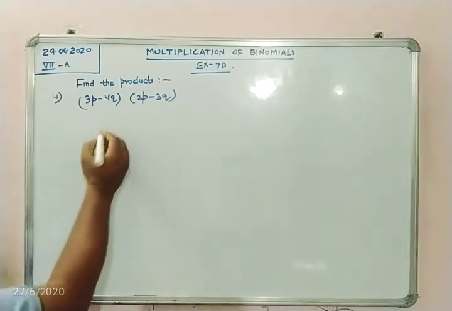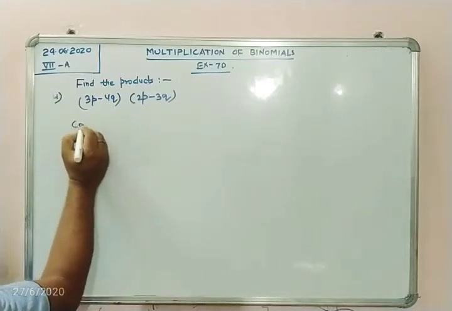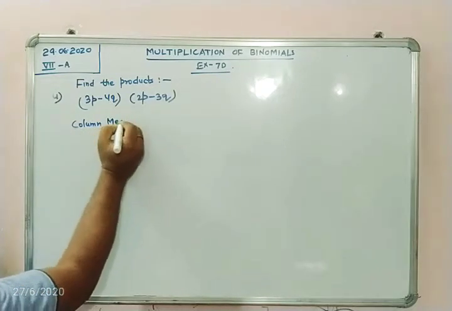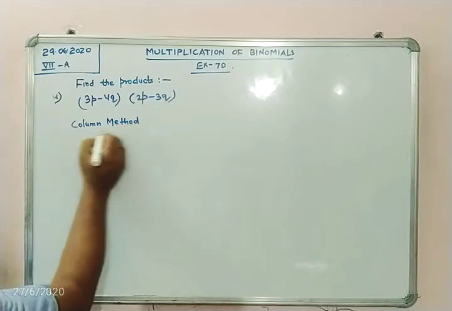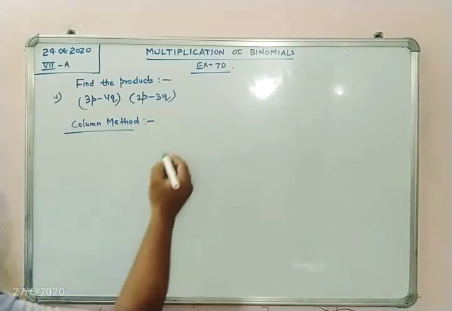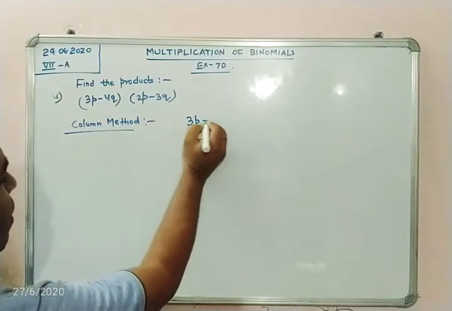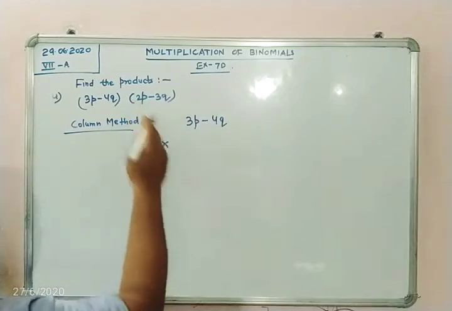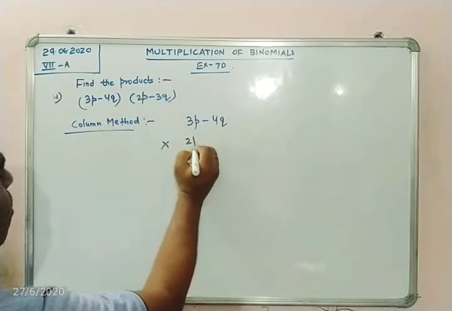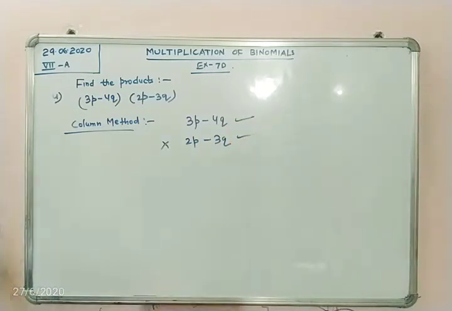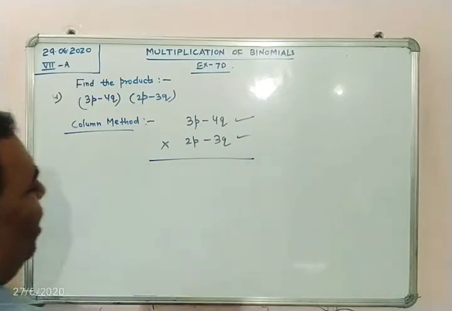How the column method is used, I have shown another time in addition, I guess, or subtraction. So 3p - 4q, I am going to write 3p - 4q into 2p - 3q. Both these two are binomials, correct? Yes. How can we multiply?